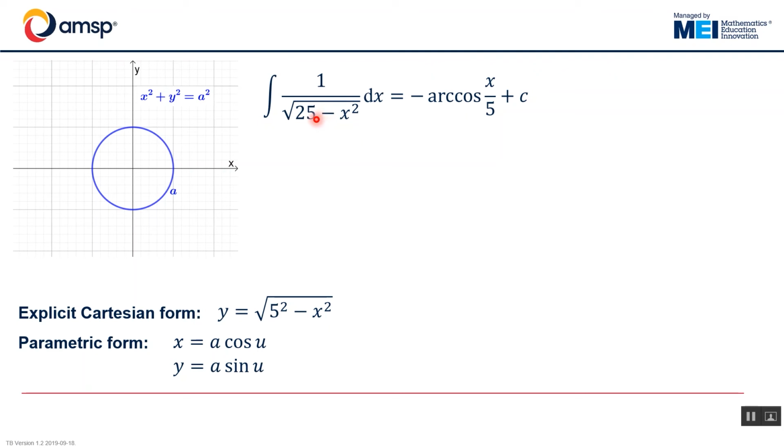Right, so there are a couple of ways you can show that this is actually equivalent to that. The first of them is you might be aware that we can relate arc sine and arc cos to each other. That's actually just fairly basic trigonometry work.